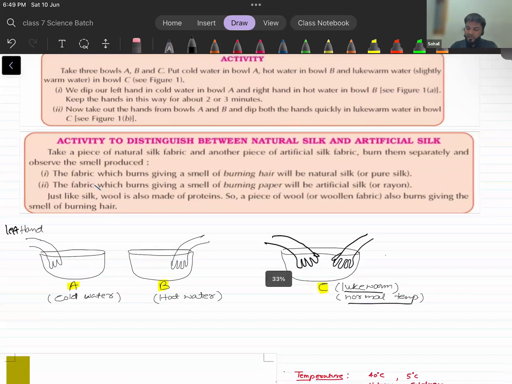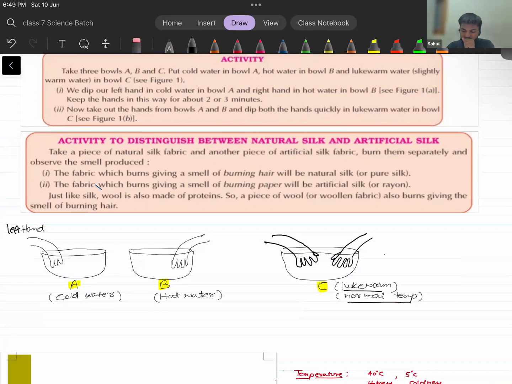Now what we are going to observe here, you see, this left hand, you had put it in which water? In cold water. Okay, and this right hand, it was put in hot water in ball B, right? Yes, sir.